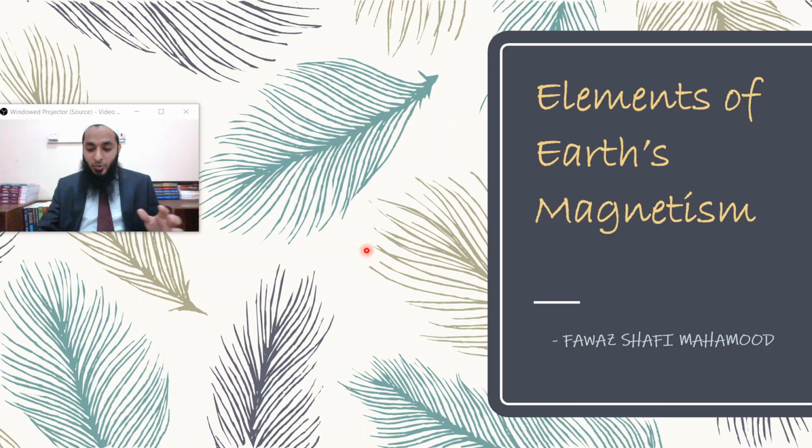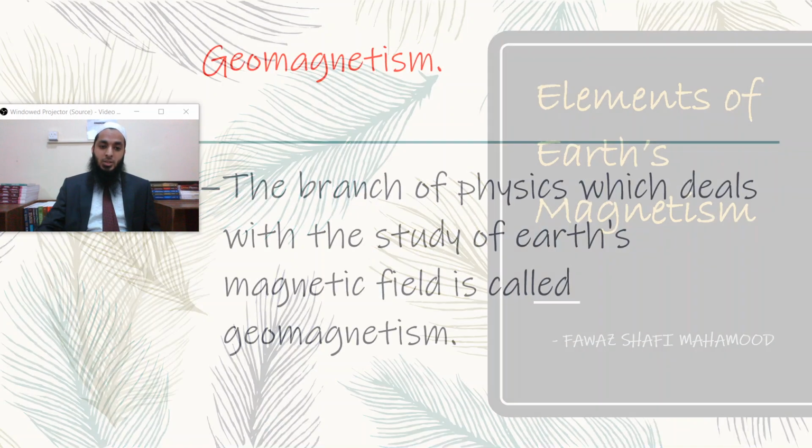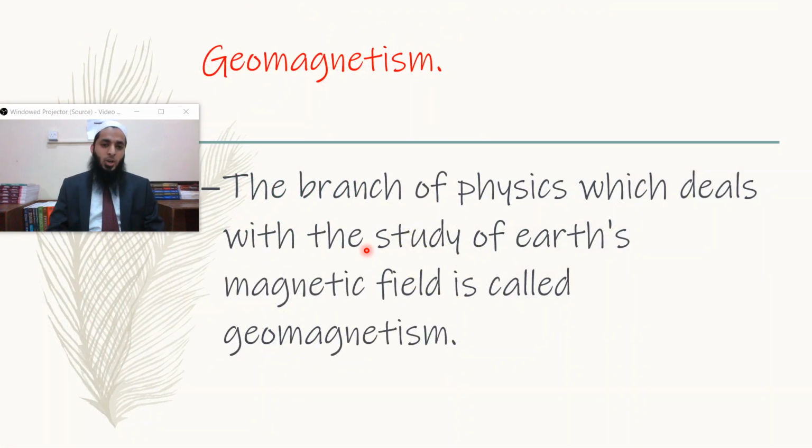So we have such theories. Now we know that a magnetic field is produced. Now, to understand the magnetic field properly, we need to understand different definitions. So that's what we're going to learn first. First of all, what is geomagnetism? It is the branch of physics which deals with the study of magnetism on Earth.